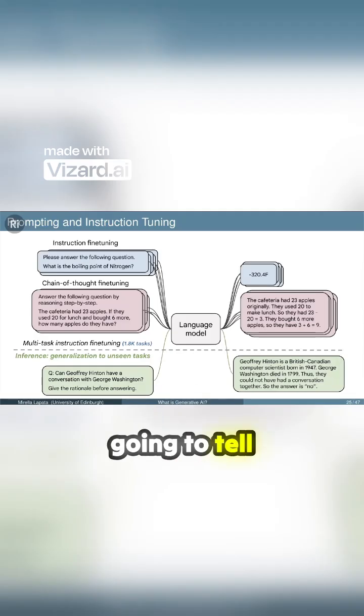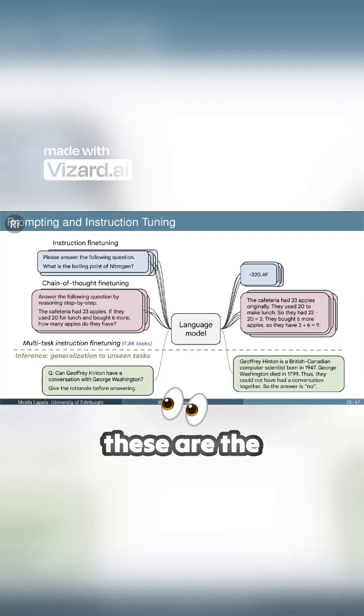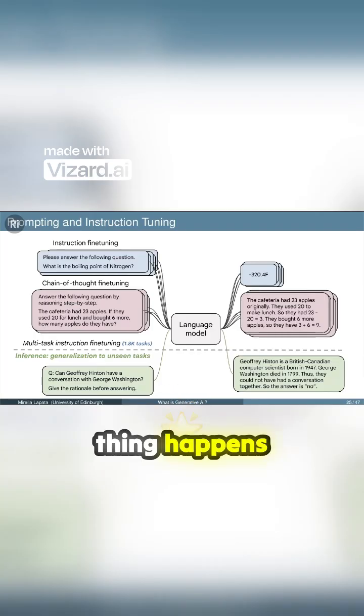So we're going to tell this language model, look, these are the tasks that people want, try to learn them. And then an interesting thing happens, which is that we can actually then generalize to unseen tasks, unseen instructions, because you and I may have different usage purposes for these language models.